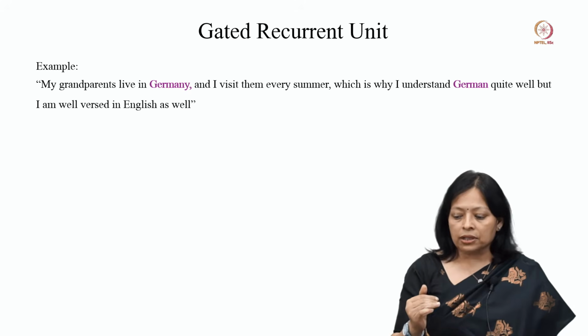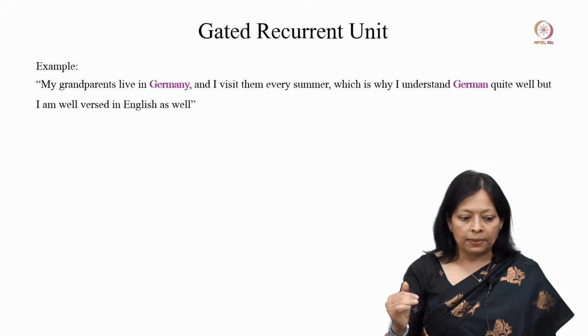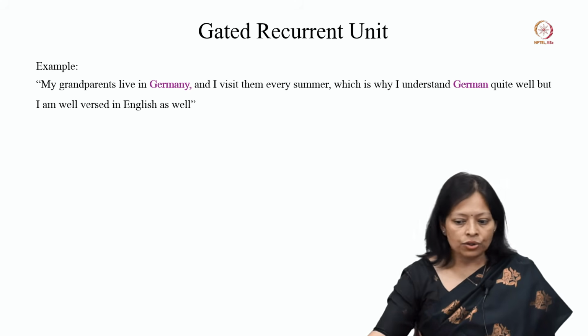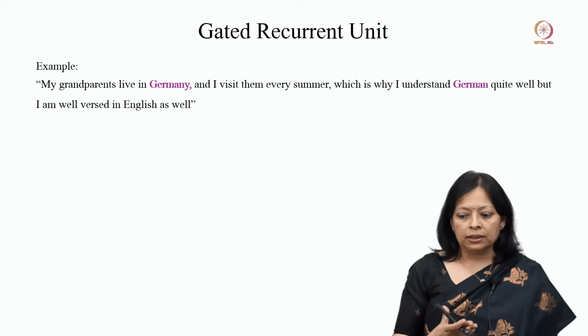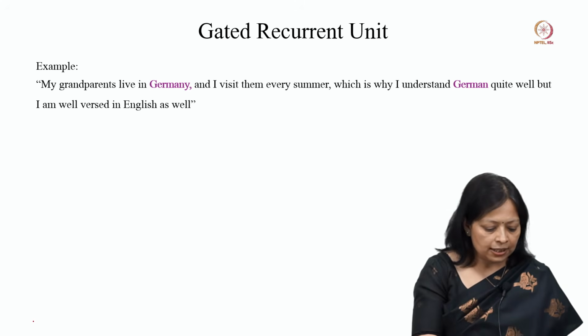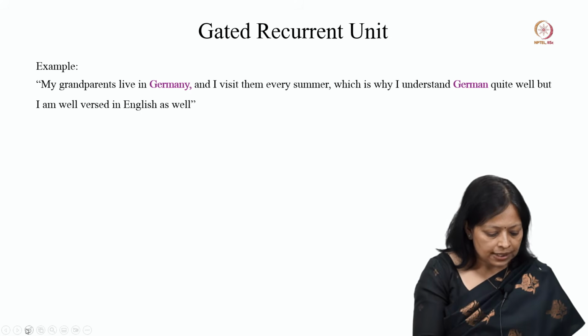So, after German quite well, but I am well versed in English as well, at this time I don't require to remember the terms Germany or German. So, the context here gets changed.